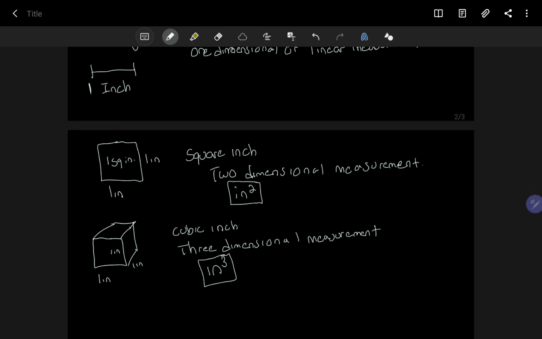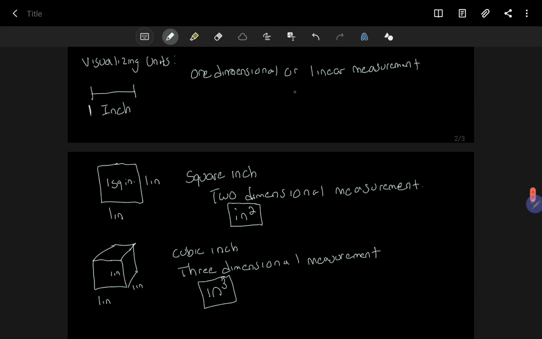And so what's going on here? In this case, we're looking at just the 1 inch. That's the reason why we only call it that. In this case, what we have is a length of 1 inch multiplied by another inch. So that's the reason why we have 1 inch square, because inch times inch is inch square.